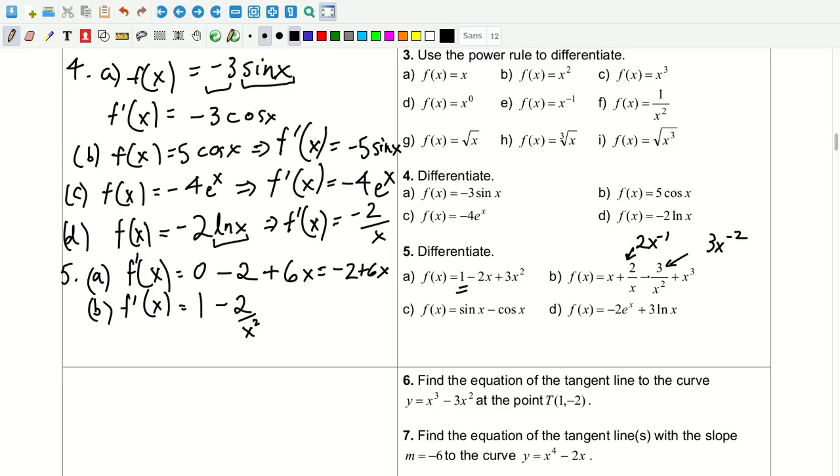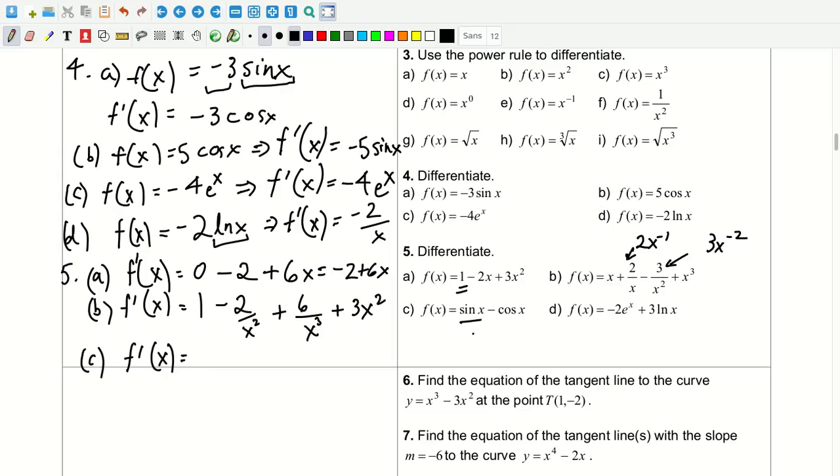Keep in mind that there's a minus in front, so I have to accommodate for this minus. It's going to be positive 6 over x to the 3. And finally, the derivative of x cubed is 3x squared. And we're done.